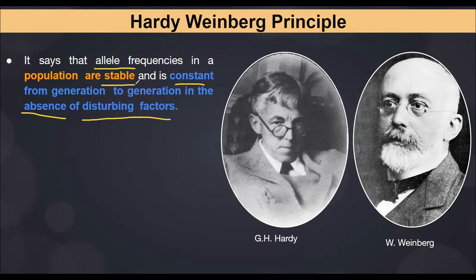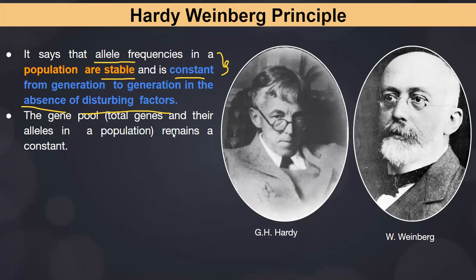So the number of alleles in a particular population will be stable and constant, which is resonating with our common understanding also. Yes, whatever we have discussed up till now. So unless any pressurizing factor is present, there will be no problem in the allele frequency in a population.